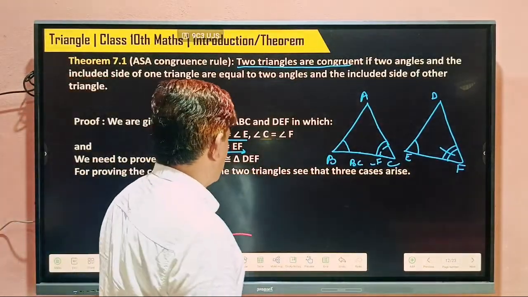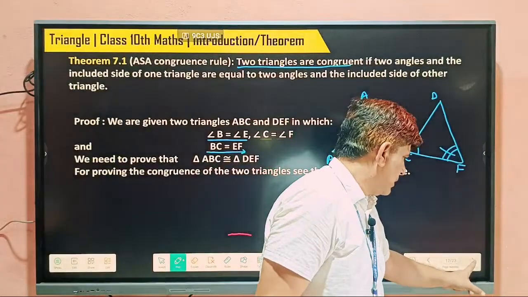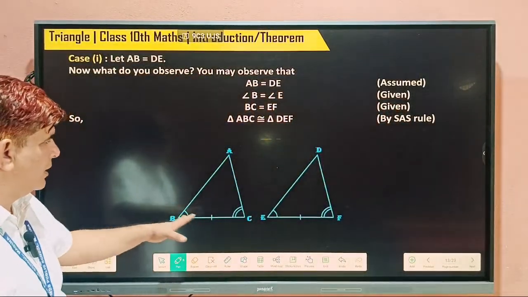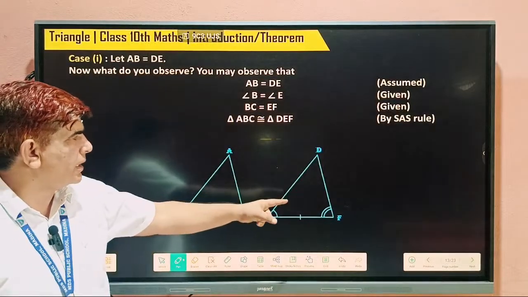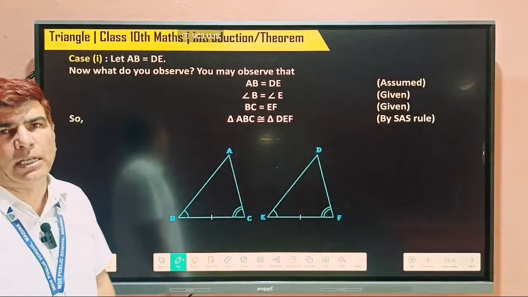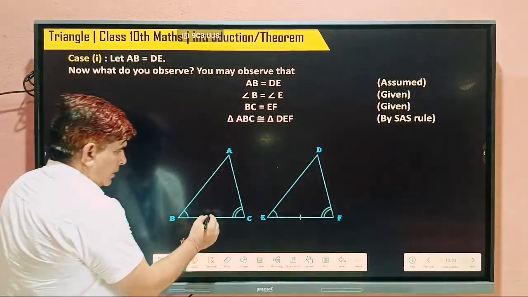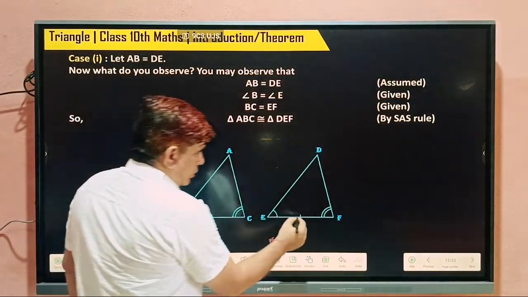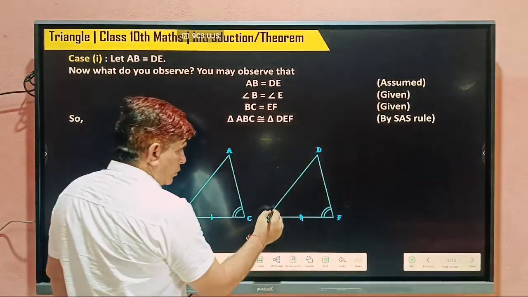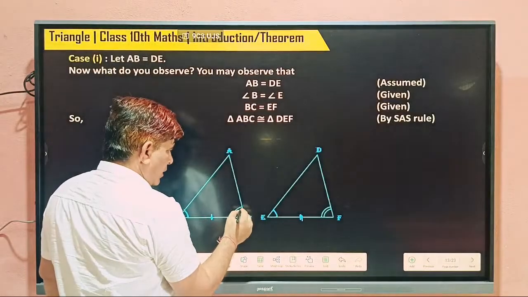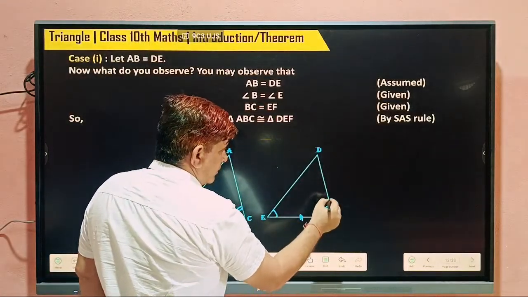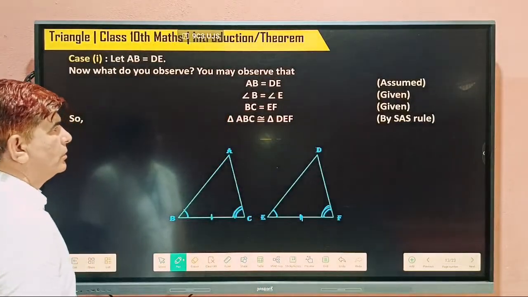So come to this: what's given? Two angles are equal and the included side. So here two triangles are given. What triangles? This triangle ABC. This is triangle DEF. So three cases arise. This side equal to this side is given. This angle equal to this angle is given. This angle equal to this angle is given. Understood?